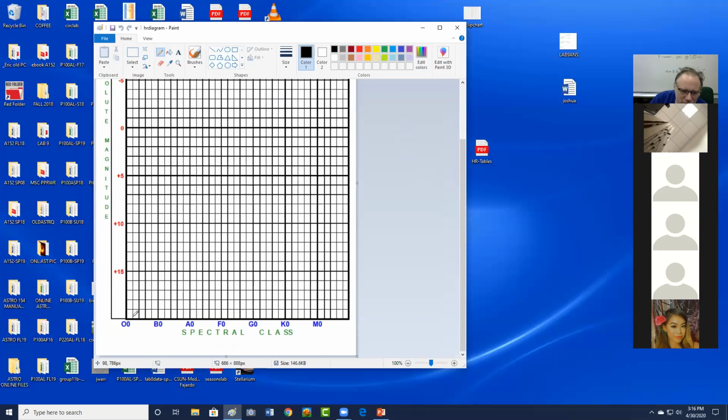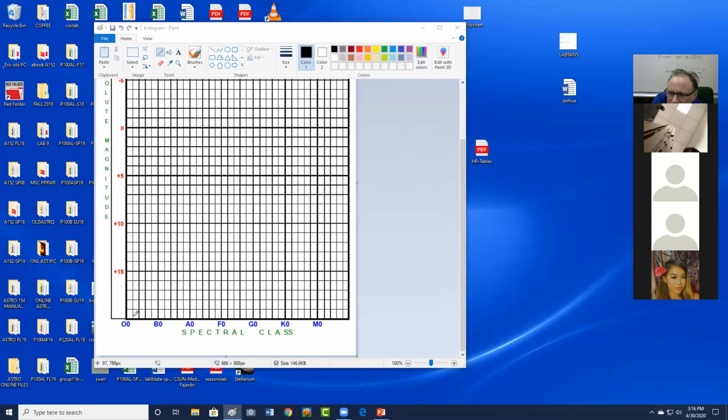So this is O1, and there are 10 of these. There are 5 lines. For each line, how many of the 10 divisions is that going to take? In other words, it's 0 to 9. So this is O0. I've got to get all the way to B0. There are 1, 2, 3, 4, 5 lines in between, and I need 10 of those divisions, so each one would be 2.